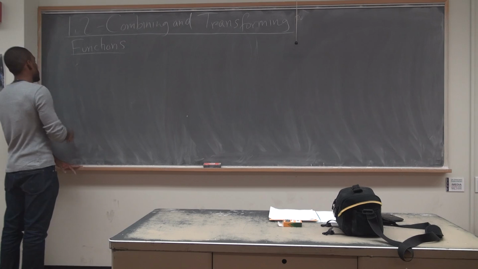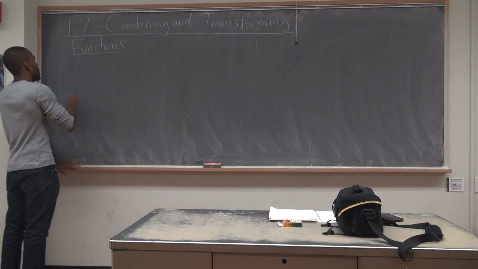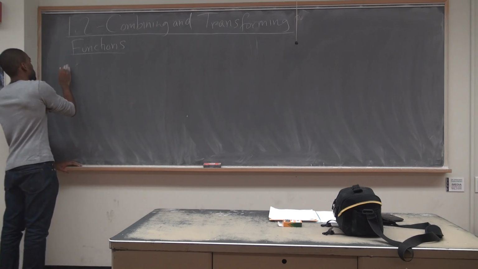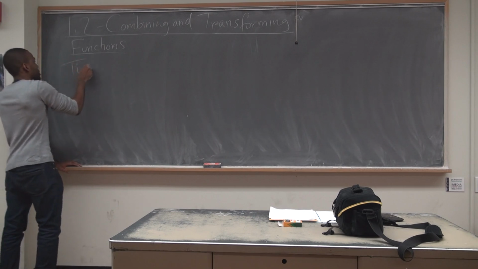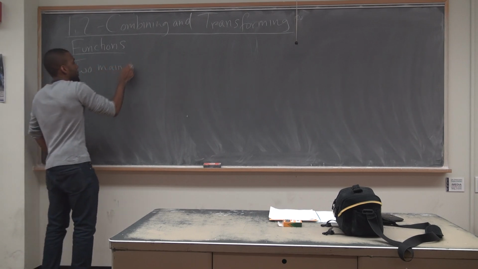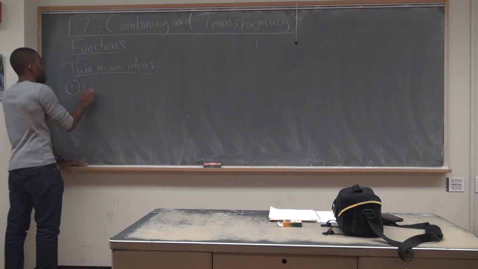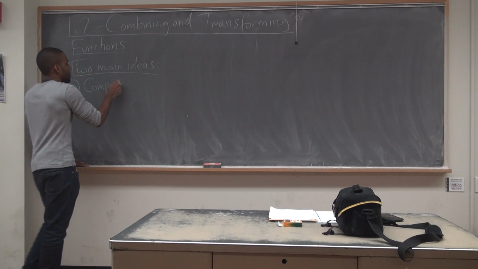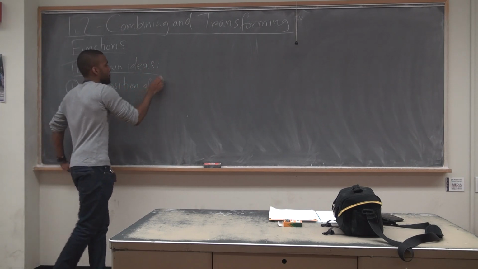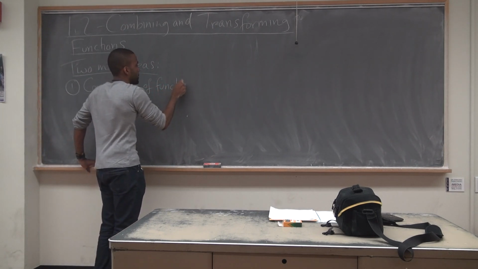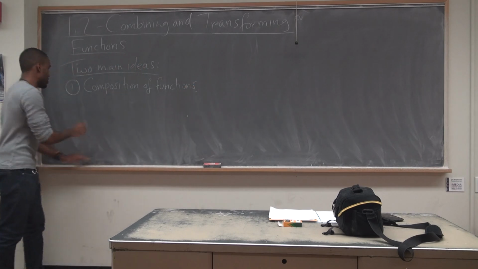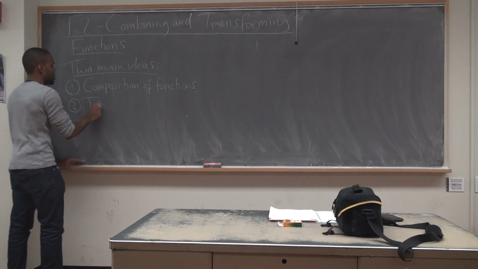Combining and transforming functions. Let's talk about two main ideas here. One, I want to talk about the composition of functions. Composition is a technical term, I'll describe what that means, and the transformation of functions.